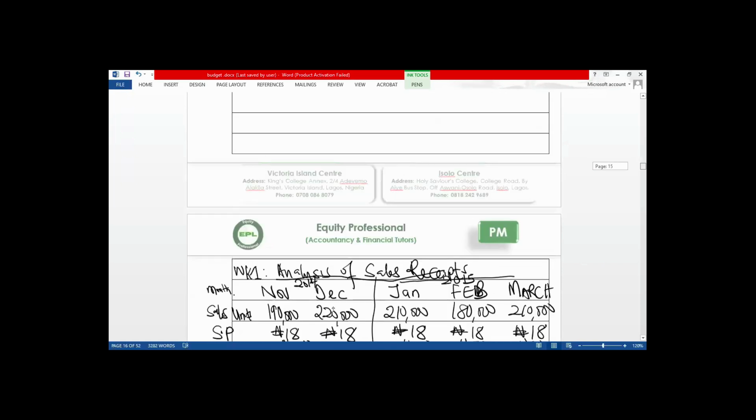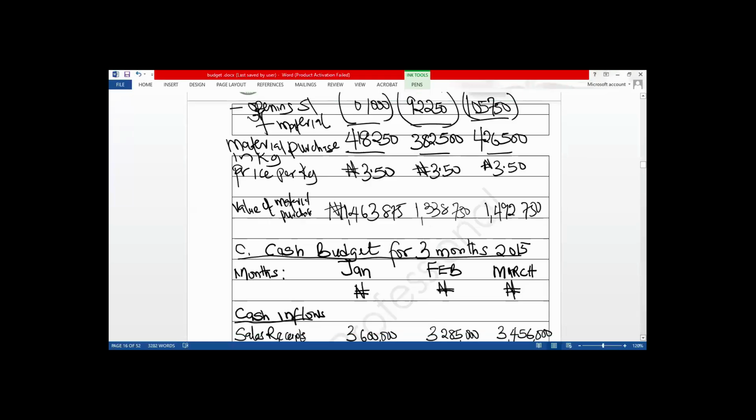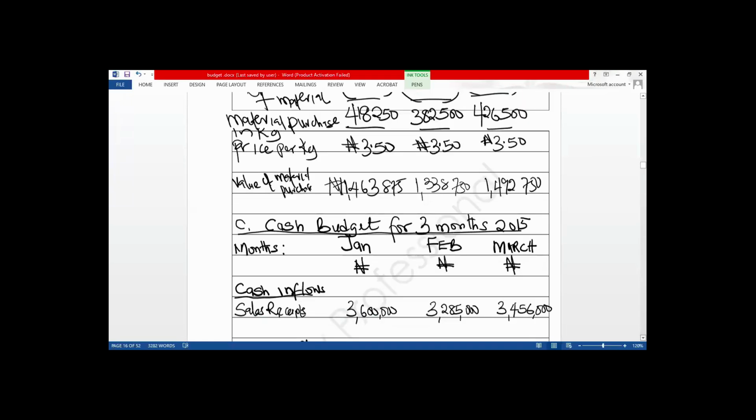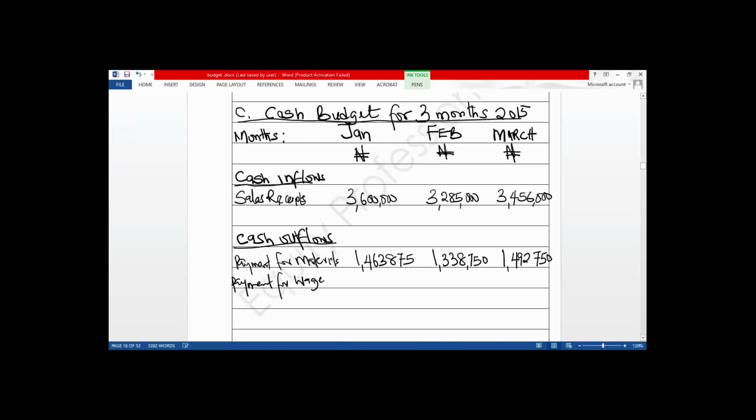Wages, 1,290,000, 1,107,000, 1,269,000. That is cash outflows.